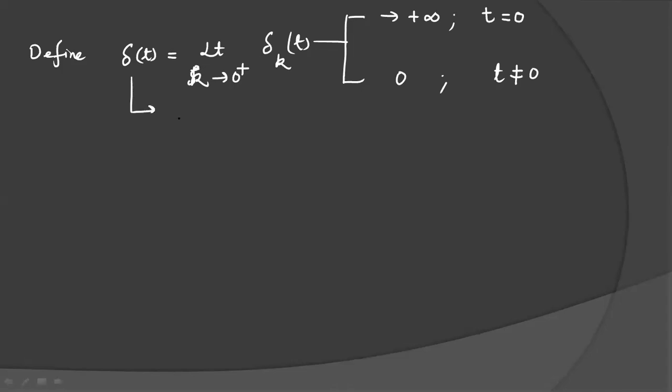This Dirac-Delta function has a jump discontinuity at t equal to 0.